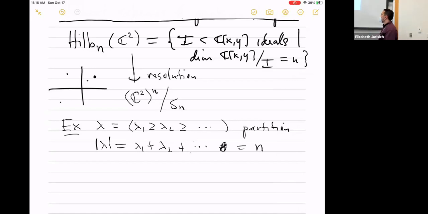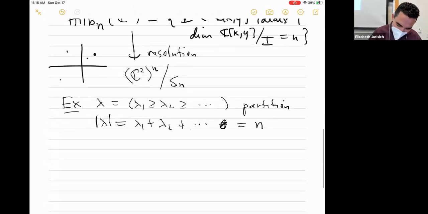Okay, so that's the connection. So a partition of size n, any length, well, can't have length more than n, I guess. Then this gives you a point upstairs in this Hilbert scheme.